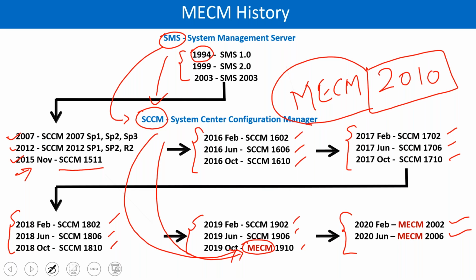It's one console: on the left hand side you have all the navigation section, and on the right hand side you have the workspace. The same comes in MECM too, but the capability is increased and more features are added.